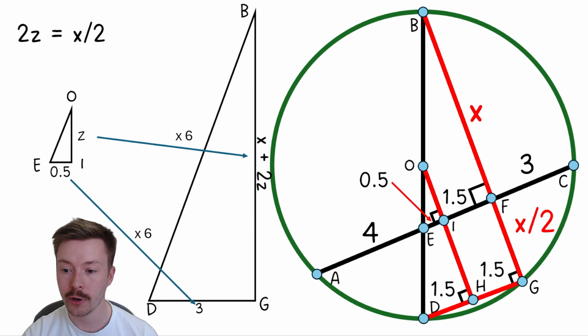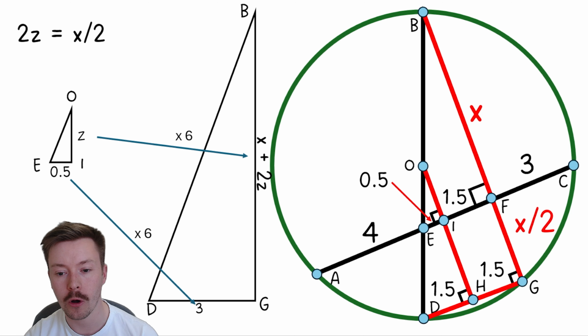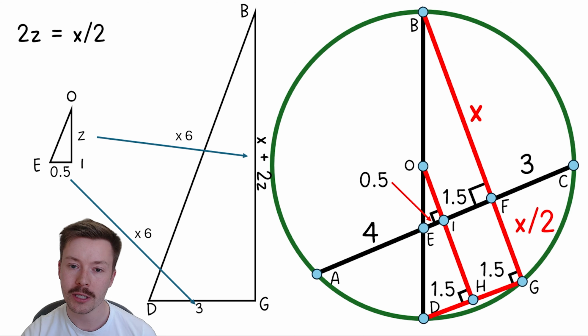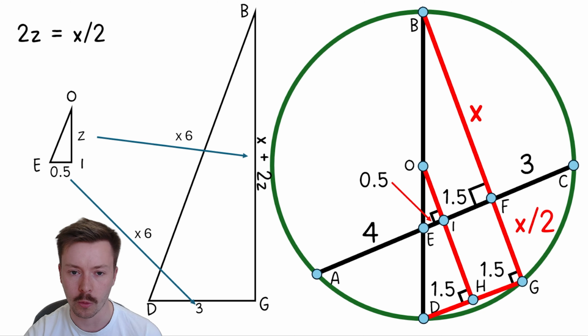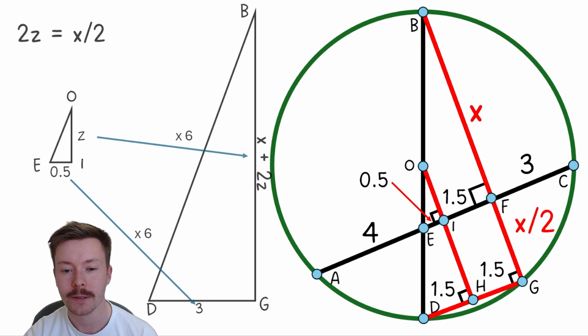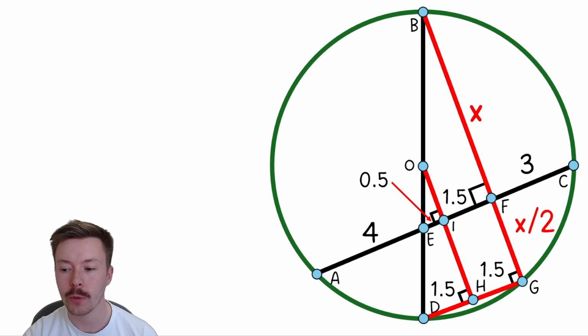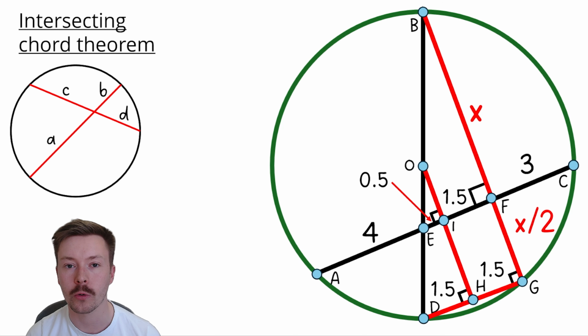Now, we've pretty much done it. We just need one other thing, and this was the method that I was alluding to earlier, which is why I wanted to work out that length Y, or what was originally Y and then was 2Z. So we are going to use intersecting chord theorem.